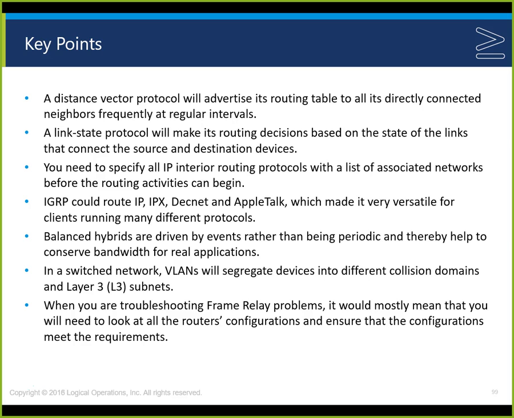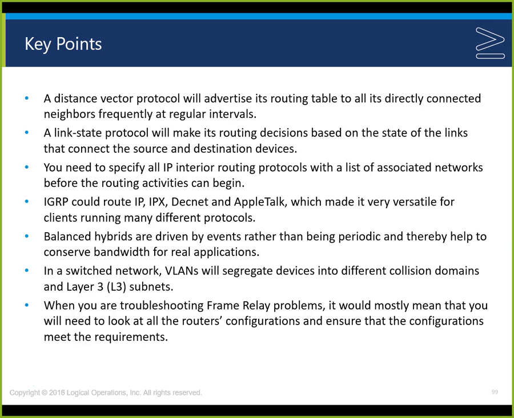One of the easy ways to see that list of networks is to do a show IP route command before you get into this, and you're going to get a list of the directly connected IP addresses. Those are the networks that you want to advertise.